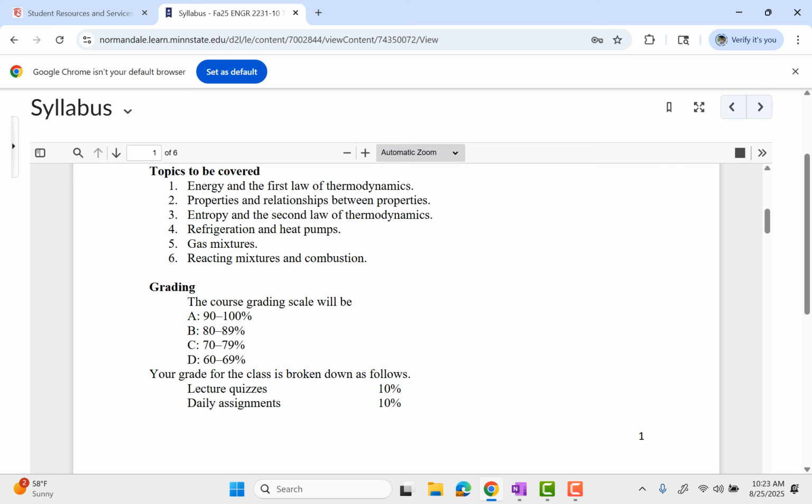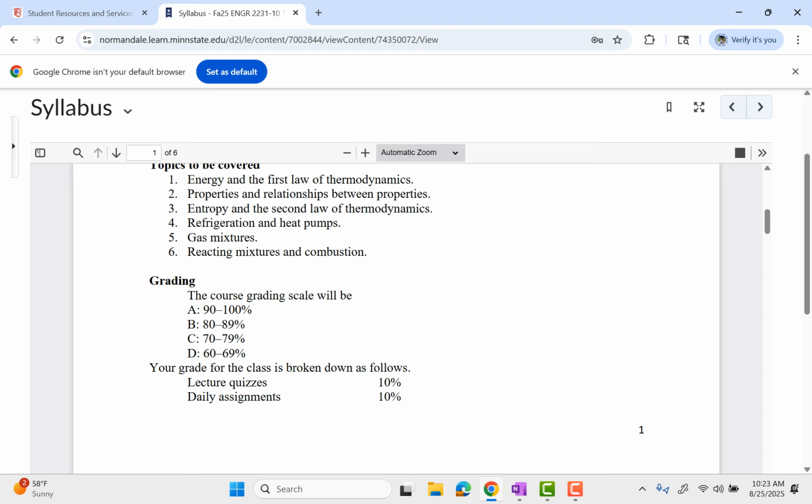And we'll talk about gas mixtures, and then maybe we'll get to combustion. And we're going to do a little bit of a detailed look at power plants and power cycles, how you get power out of shoveling coal into a fire or nuclear reactors or things like that.